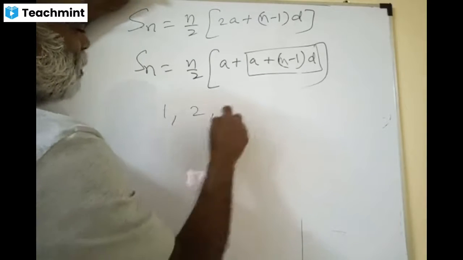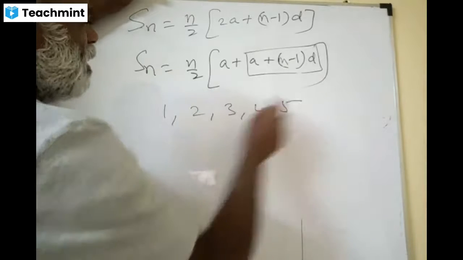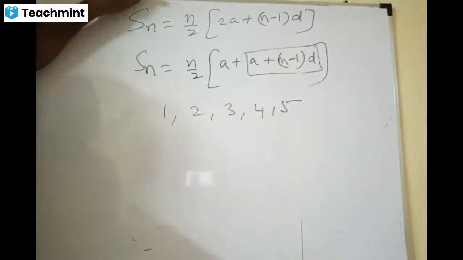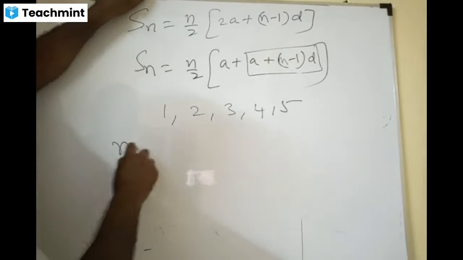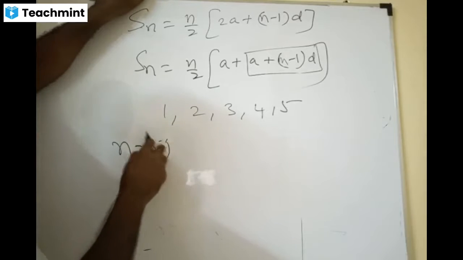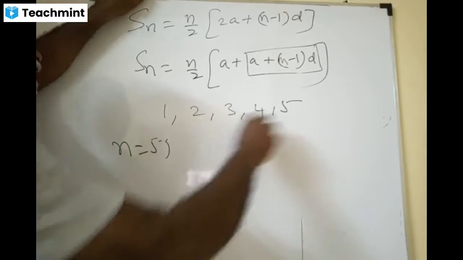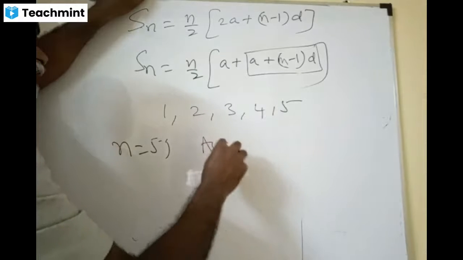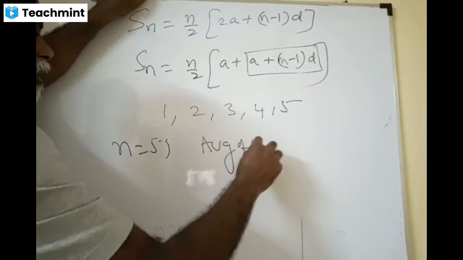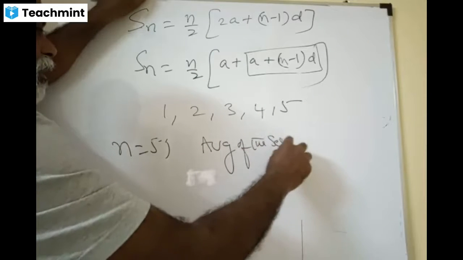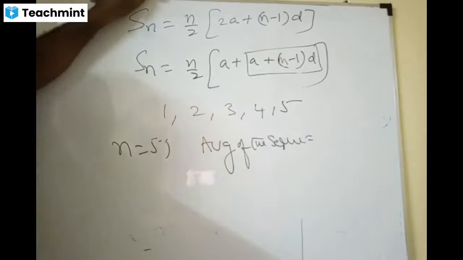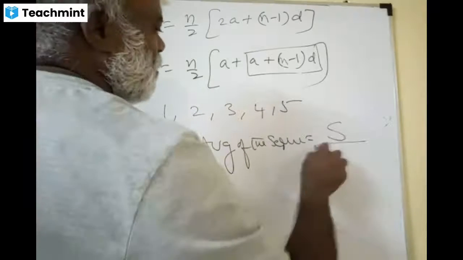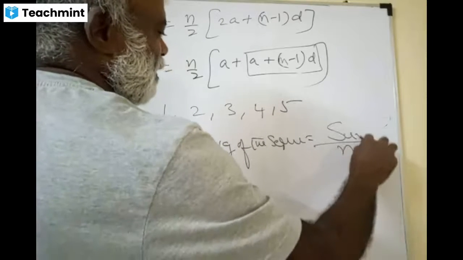Friends, 1, 2, 3, 4, 5, ma. How many terms are there in the sequence, ma, please? 5, sir. n equal to 5. Okay, brilliant. What is the average of the sequence, ma, please? Average of sequence means what? Sum by n, correct?